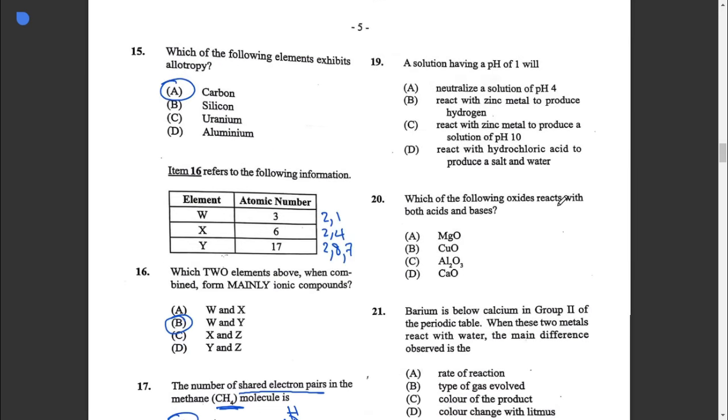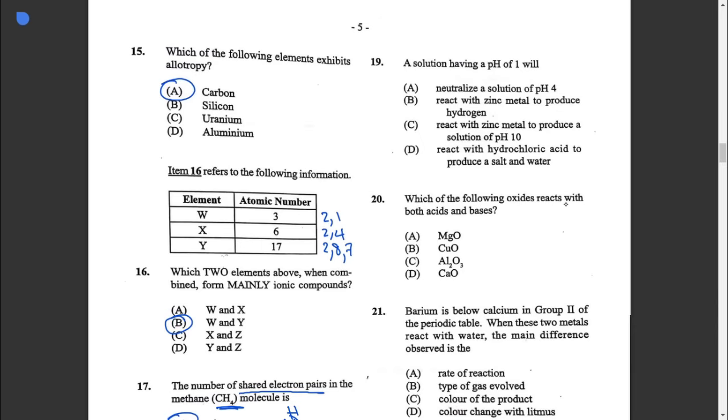Question 19. A solution having a pH of 1 will neutralize a solution of pH 4. First of all, if a solution is pH 1, it means that it is acidic. So would it neutralize a solution that is pH 4? Remember, under 7 means that it is acidic as well. So you're adding an acid to another acid.